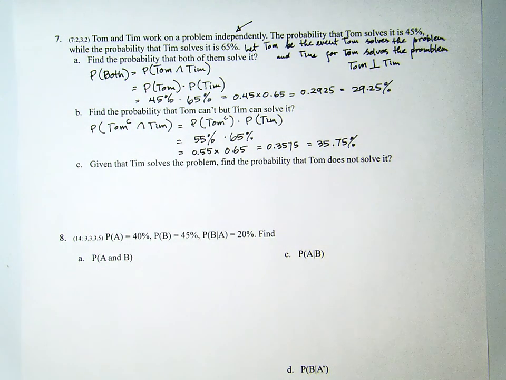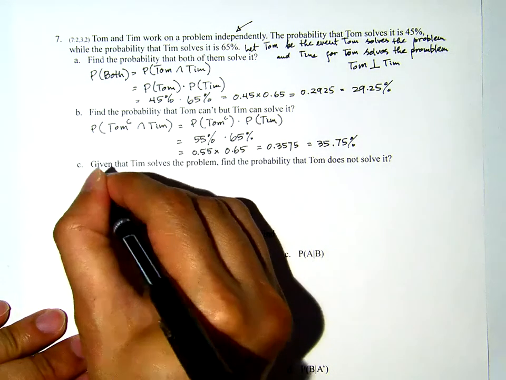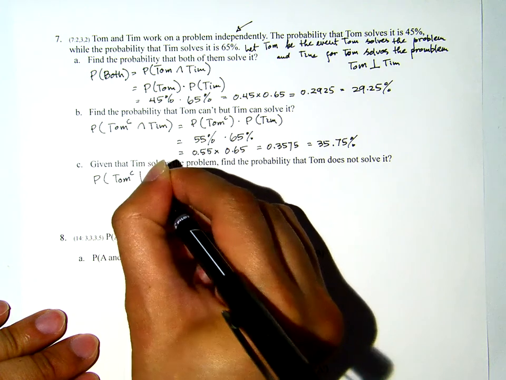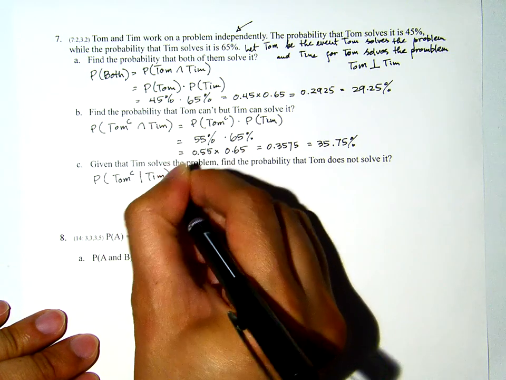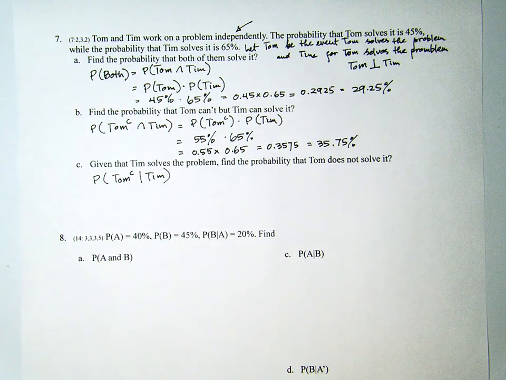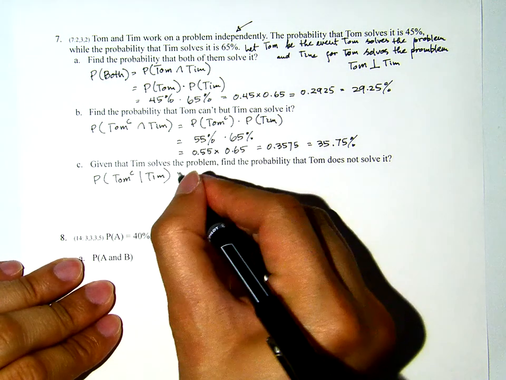Now part C, given that Tim solved the problem, find the probability that Tom does not solve it. Probability that Tom cannot solve it, given that Tim solves it. You can do it two ways, but let's use the formula method.